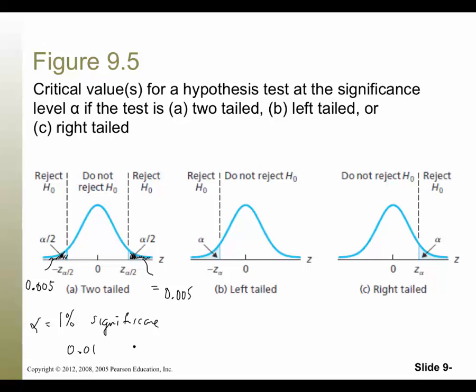So z for that would be 2.575. So if our z-score for a certain hypothesis test was greater than that or less than the opposite, negative 2.575, we would reject. Okay. Any questions on that?